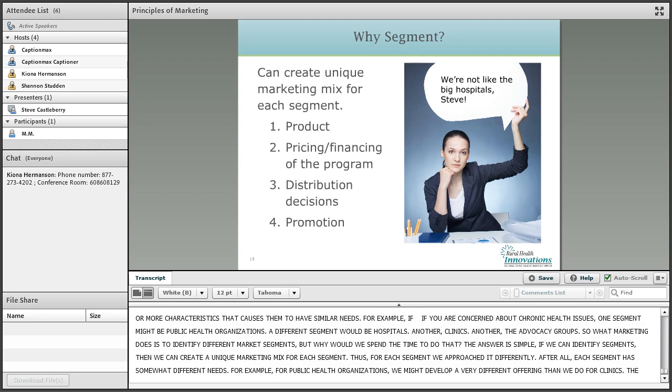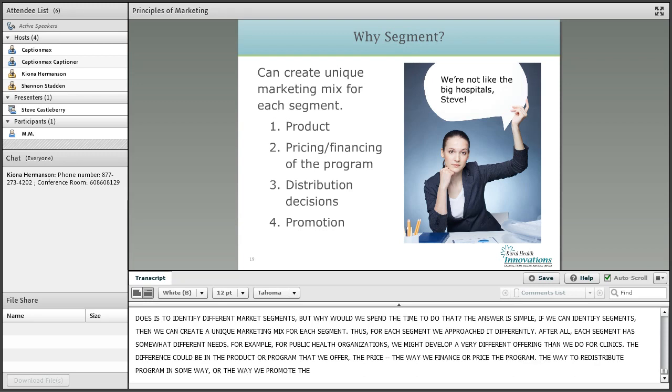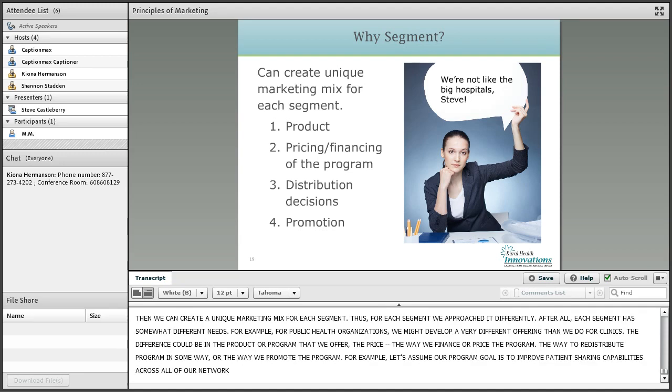Let's say you're an organization and you're concerned with chronic health issues, and you developed a program to help manage patient health and wellness. The market in this case would include every organization who could ever potentially partner with you and for which you might be able to help them with their pains and give them some gains.